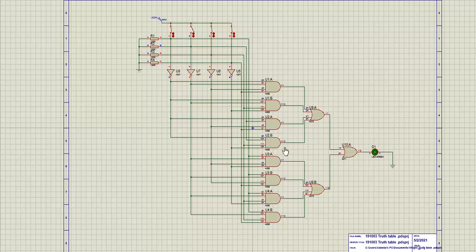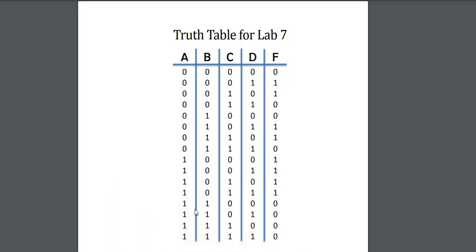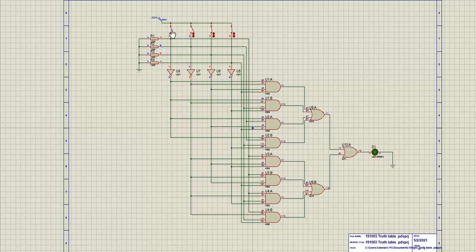Now if A is turned on with B, there is nothing at the output no matter what the value of C or D is. So if A is on and B is on, no matter what C and D are, the LED will not glow. So this behavior has been studied with this standard SOP form of the circuit.